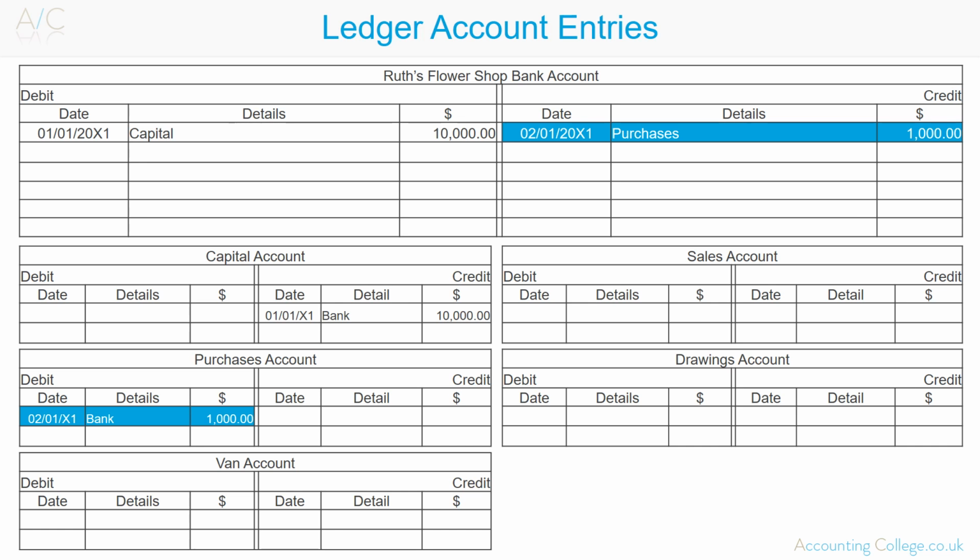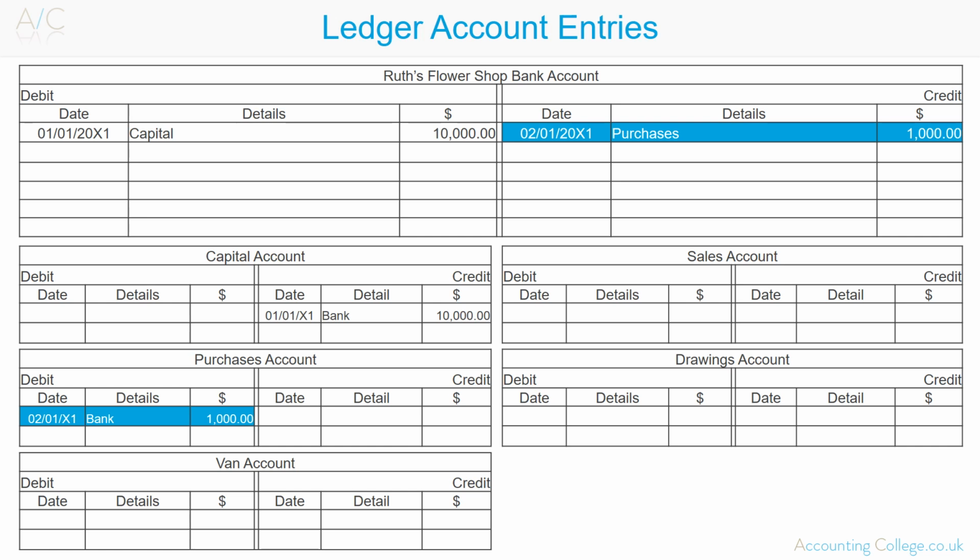Take note here, purchases of equipment or supplies are not recorded in the purchases account. Also take note that the flowers bought by Ruth for resale in her flower shop are a good example of revenue expenditure. Revenue expenditure is expenditure on day-to-day items for the running of a business.